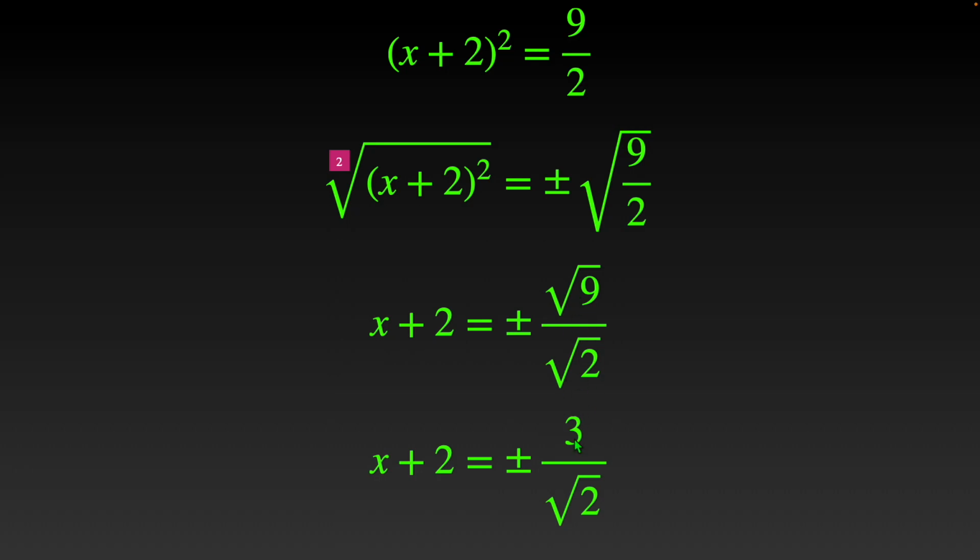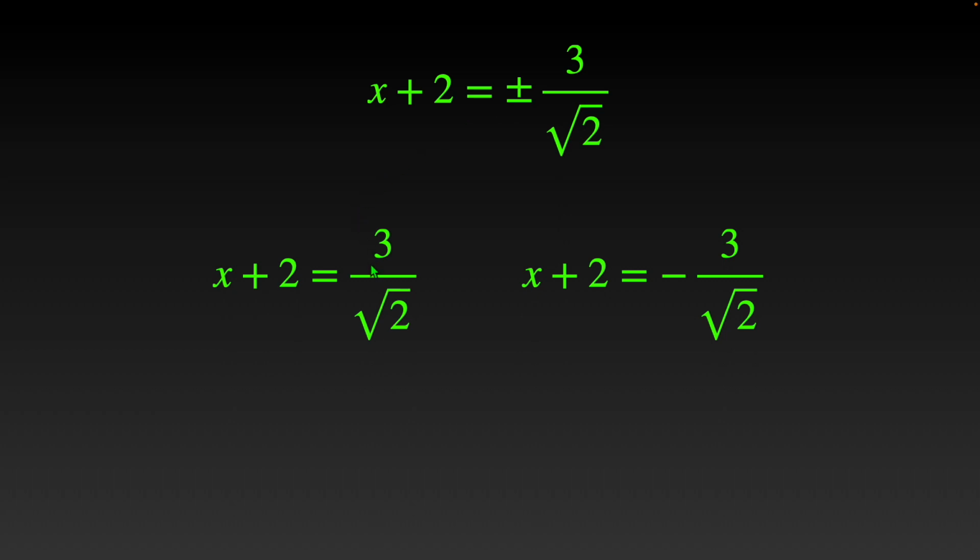So instead of writing square root of 9, we're going to write 3. Now, because we have plus or minus on the right-hand side, we'll separate this into two equations. One with positive 3 over radical 2 and one with negative 3 over radical 2.